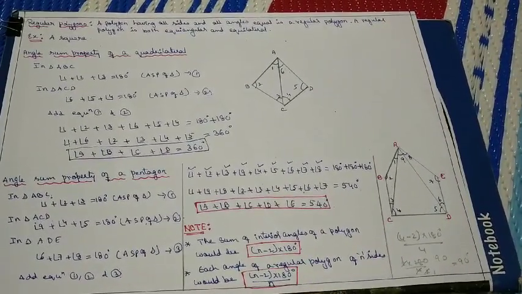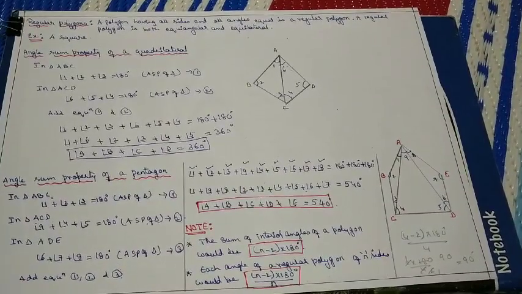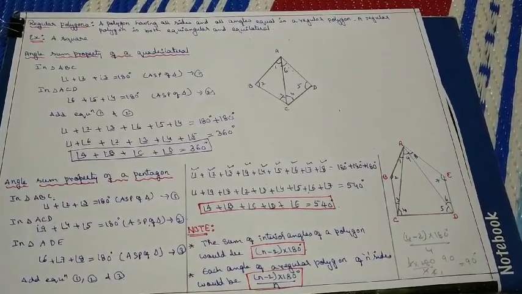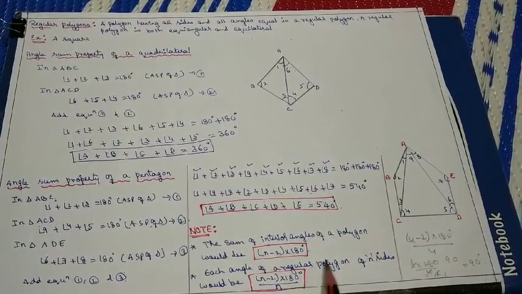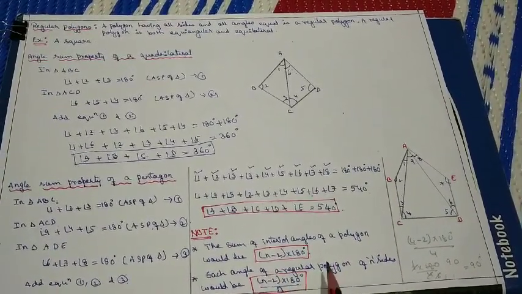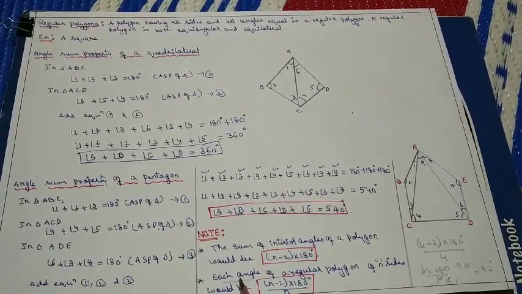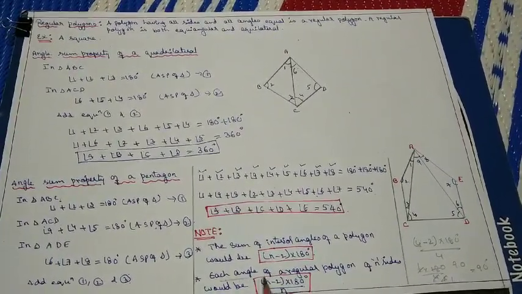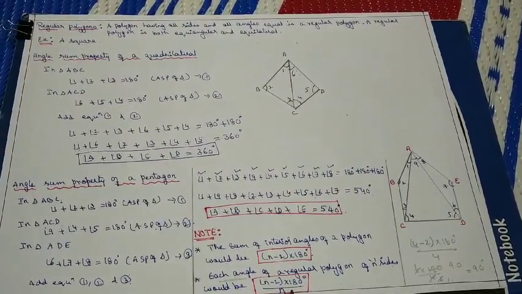An 8-sided polygon, regular octagon. A 9-sided polygon, regular nonagon. A 10-sided polygon, regular decagon. This formula is applied only for regular polygons, that too to find each angle within a polygon. That is, each angle of a regular polygon of n sides is (n minus 2) into 180 divided by n.